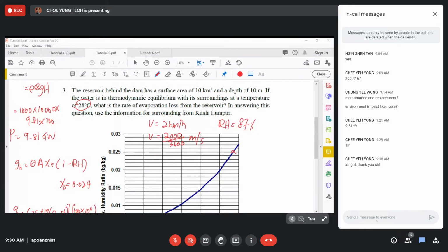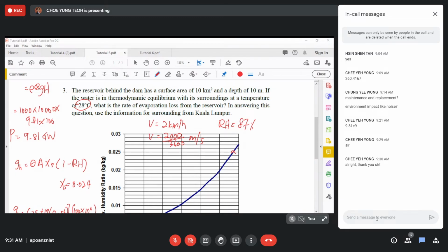Tutorial 6, I think it is the same. Only tutorial 5 differs, because I took a few questions and put them into the lecture. Tutorial 4 is also the same. I'll update it after the class. Thank you, Chia, for pointing that out. I also did not know I uploaded the wrong one.